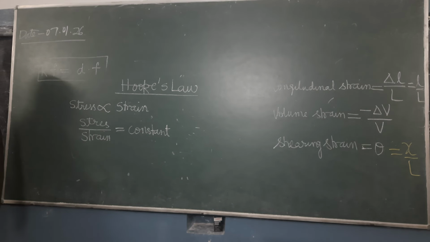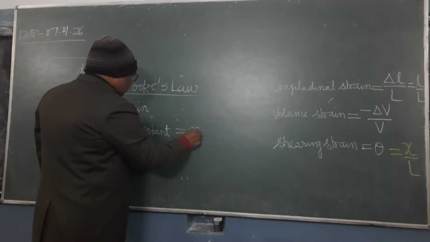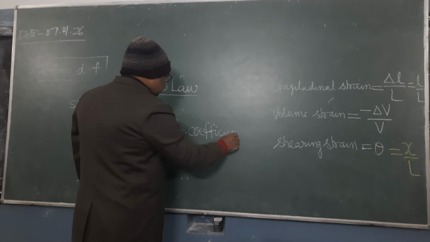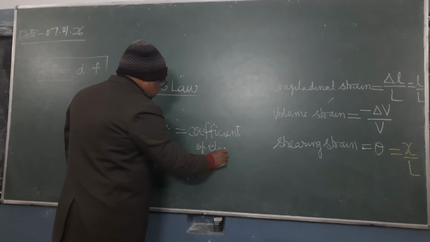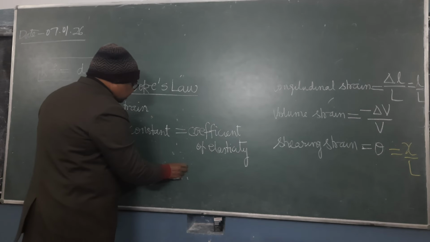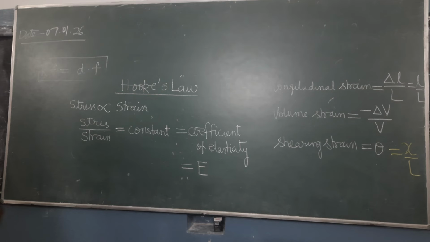And this constant we call the coefficient of elasticity, denoted by the symbol E. What is the coefficient of elasticity? E equals stress upon strain.